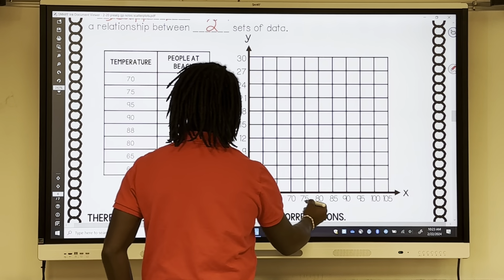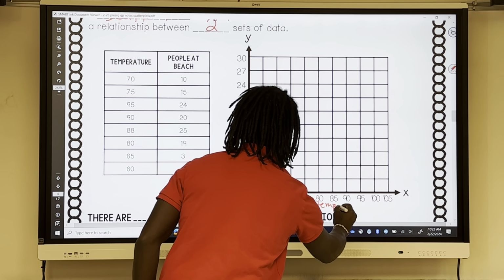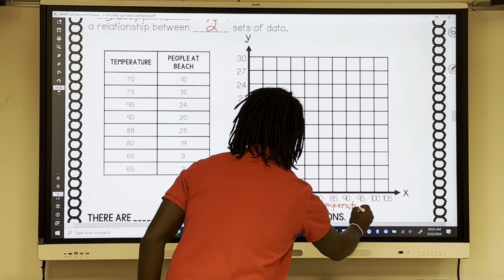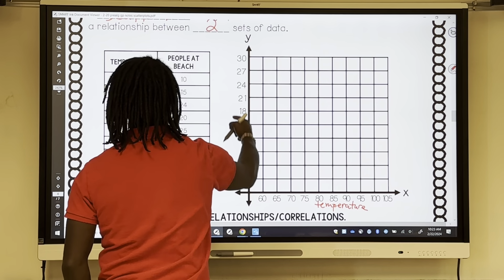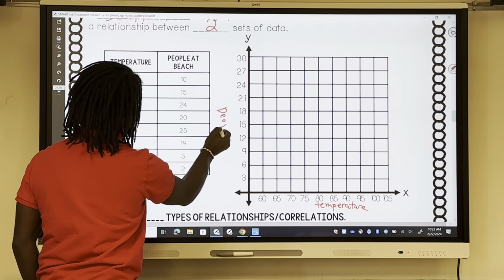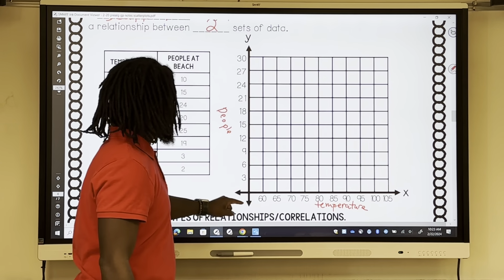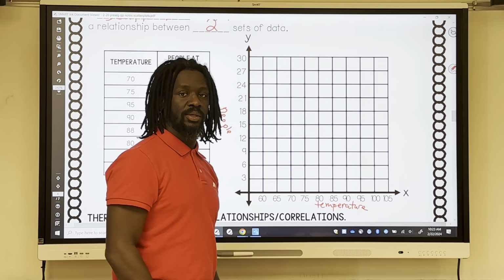Okay, so again, I'm just gonna label this temperature and then people. Okay, again, make sure that your axes are numbered.